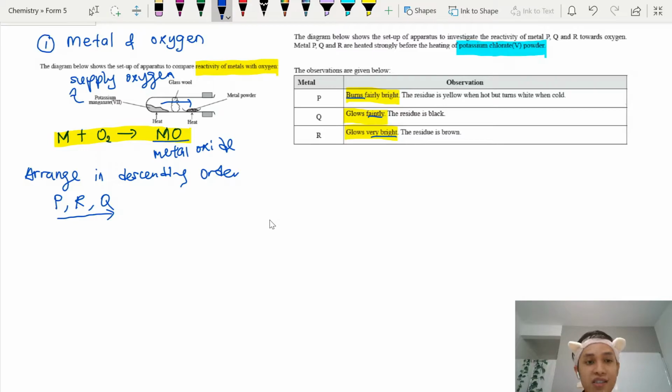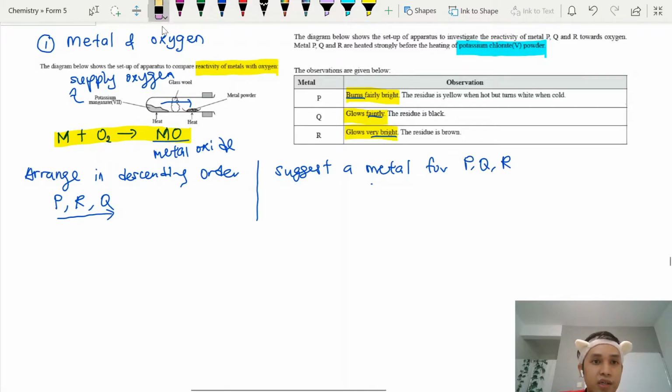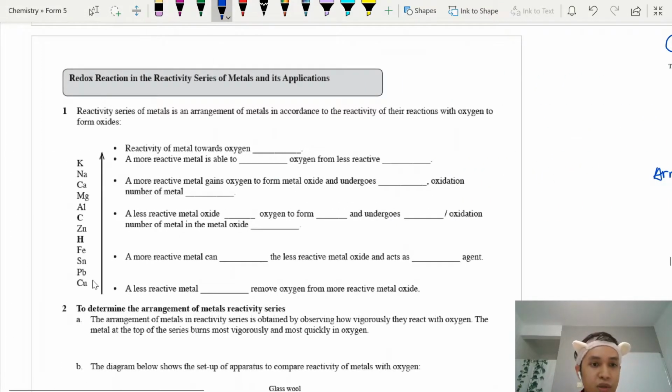Arrange in descending order. Now, the second part is they will always ask you to suggest a metal for P, Q, and R. Here we cannot simply give the name of the metal. I know that we have a lot of metals, but you cannot just simply put one in.